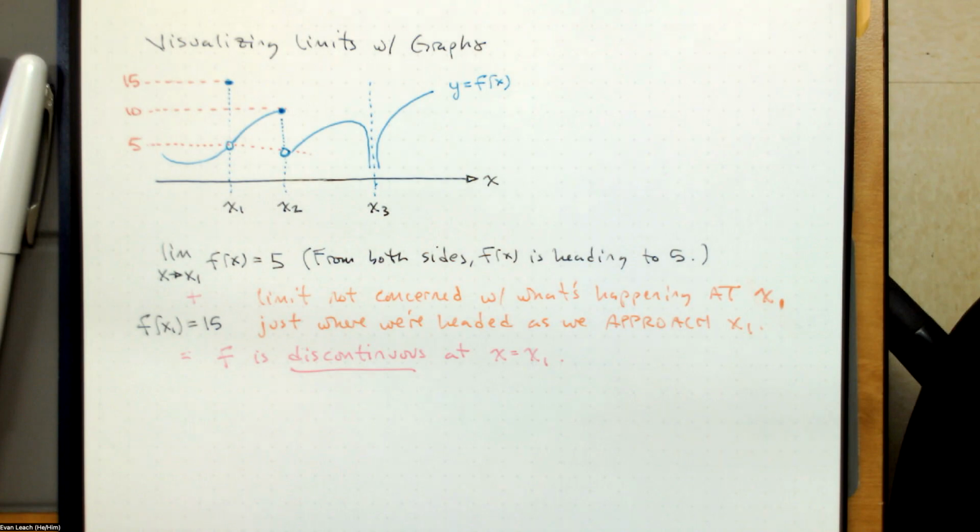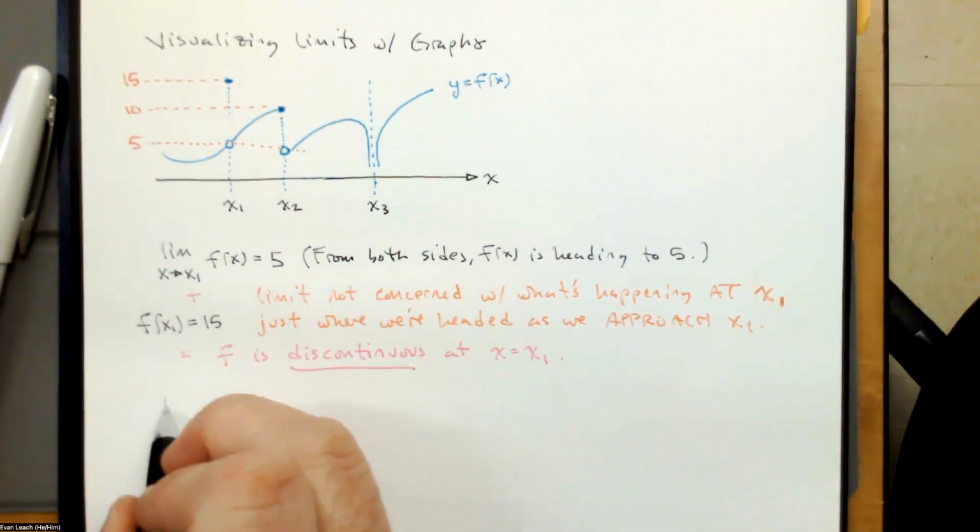Looking at the next point, x2. As x approaches x2 from the left, we're headed towards 10. As x approaches x2 from the right, we're headed towards 5. We are not headed towards some one value. The function is headed towards different places.